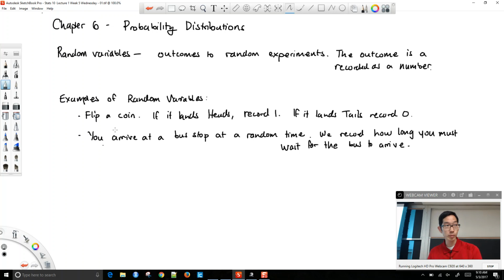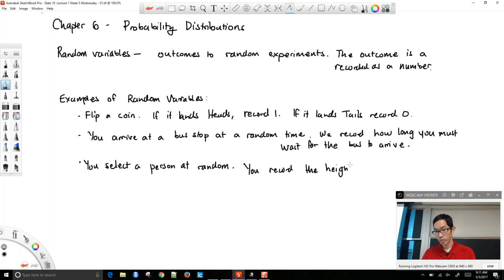Or another example of a random variable could be you select a person at random, and then you record the height of the person. And so these are examples of random variables.